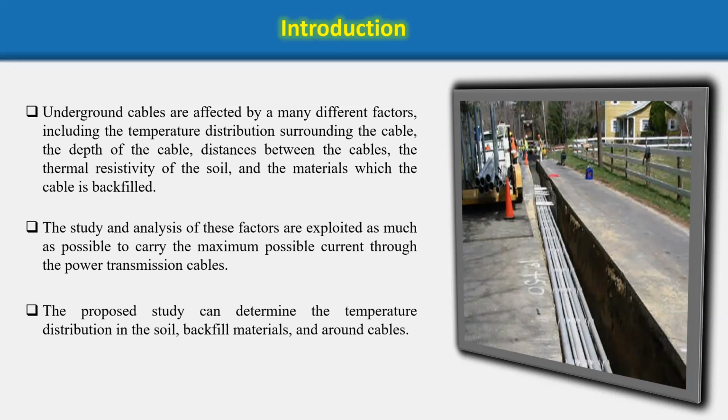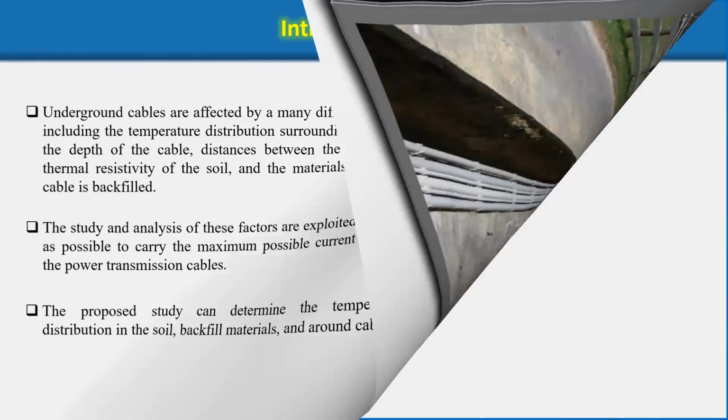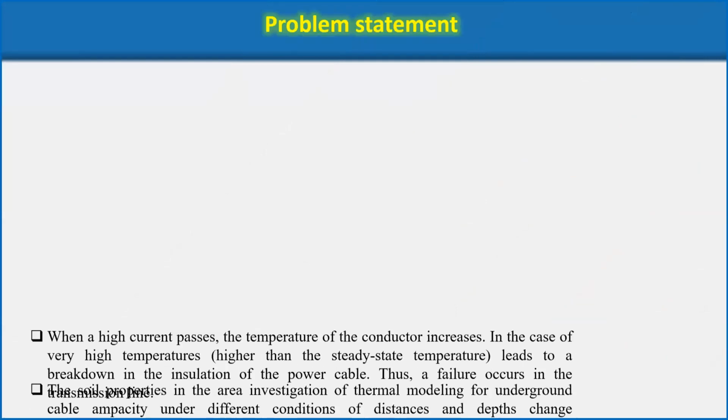The study and analysis of these factors are exploited as much as possible to create the maximum possible current through the power transmission cable. The proposed study can determine the temperature distribution in the soil, backfill material, and around the cable. As we see in the figure, the procedure of laying underground cables. Next slide, we talk about the problem statement.